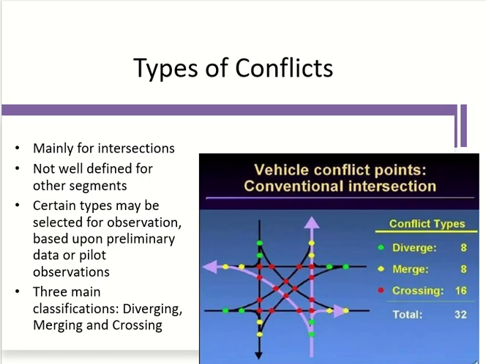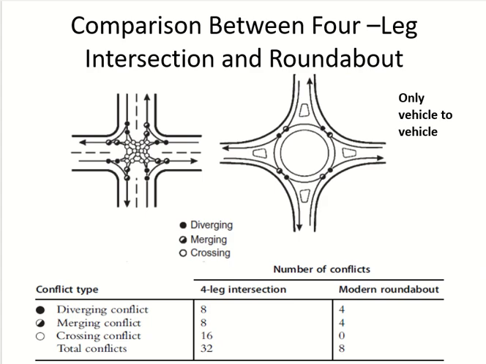Last time we discussed road safety audit, the whole procedure, and then we discussed the conflict studies. So conflicts are what they call near accidents, and we looked at some examples of how we can identify conflicts, and they are of 3 types.